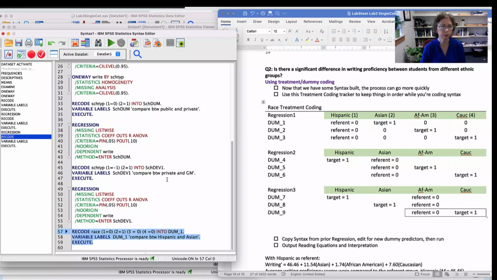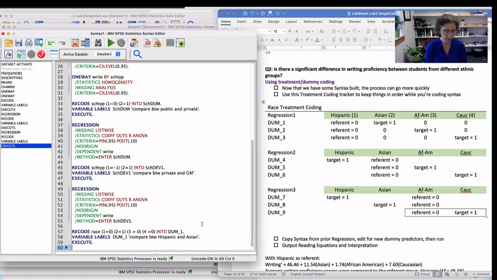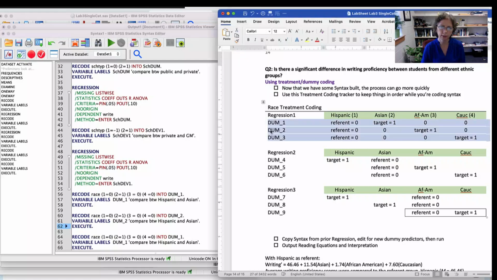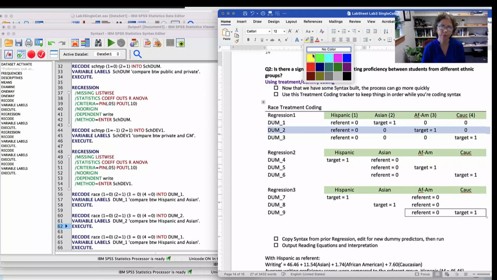So I need 2 more of these. So I'm going to copy and paste. So here I want DUM2, and this is going to be DUM2 here. And this one's going to be the comparison. So I'm looking at this guy, right? I want the comparison between Hispanic and African American.